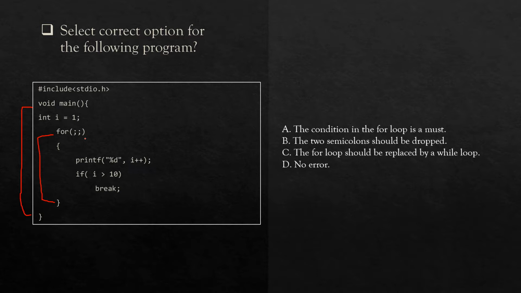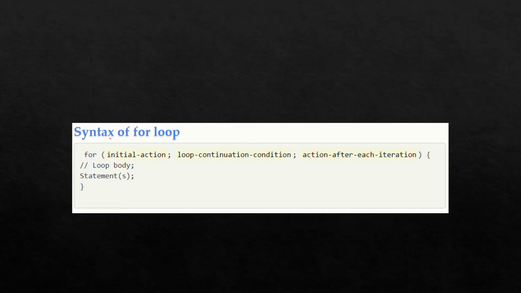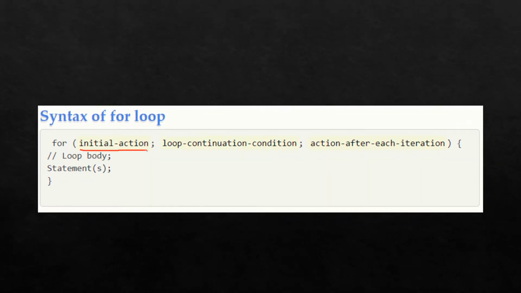As we know, a normal for loop mainly has three parts inside it: first, the initial action, then the loop continuation condition, and then the action after each iteration, that means the incremental part of a for loop. Then we have the body, and inside the body section we can put many statements.